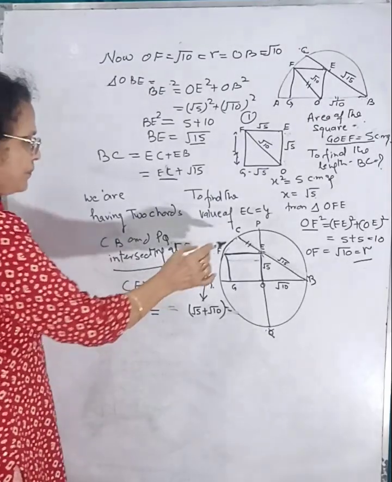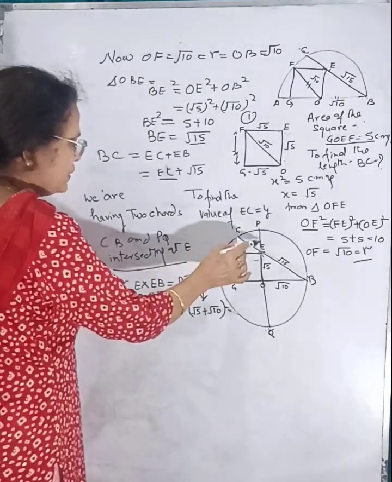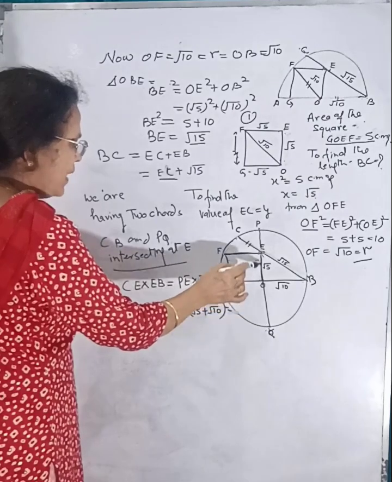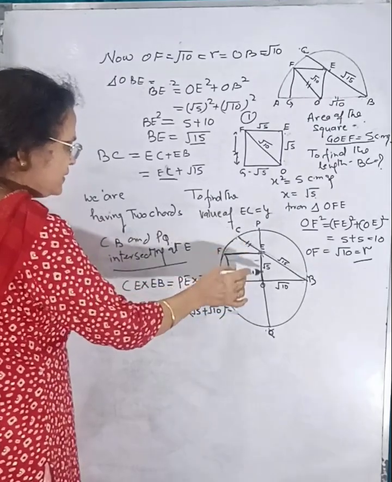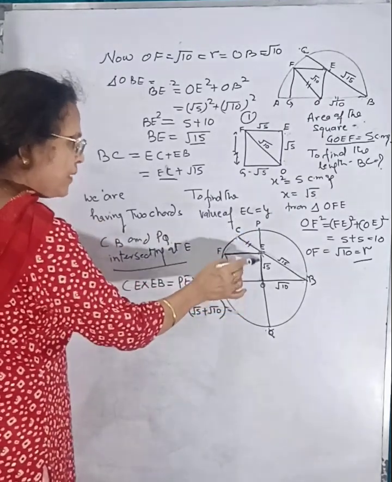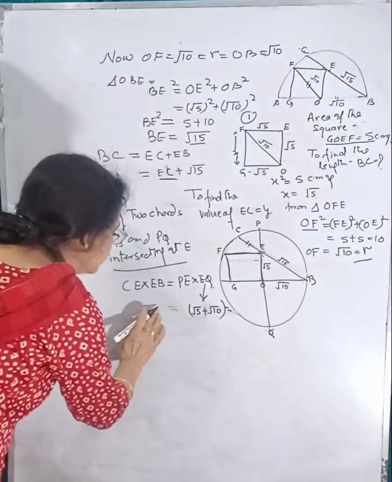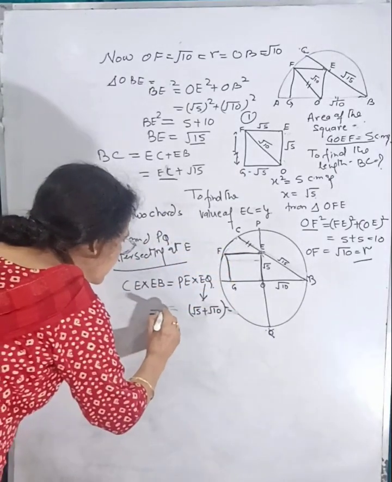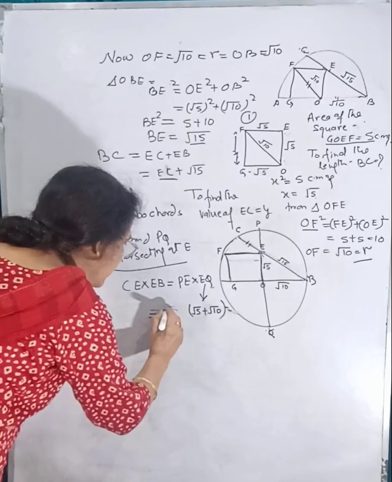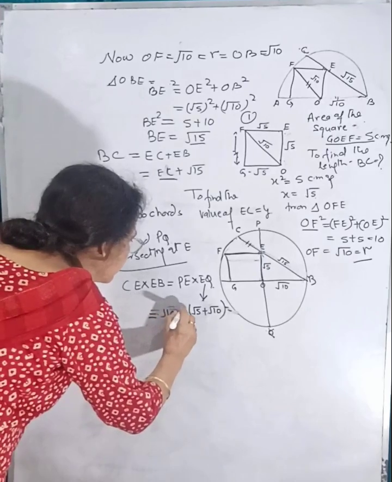Now PE. PE is equal to what? PO minus root 5. PO is also the radius, root 10, minus root 5. So PE is root 10 minus root 5.